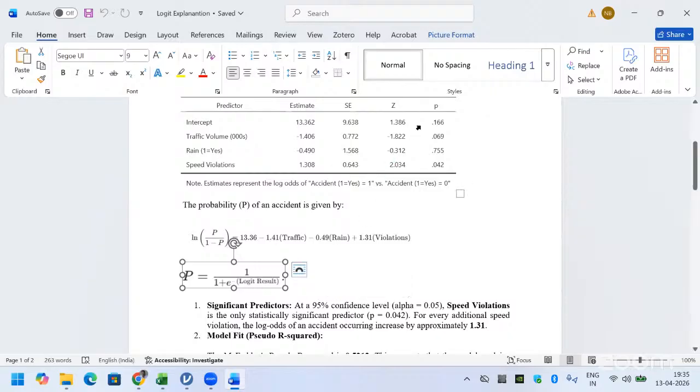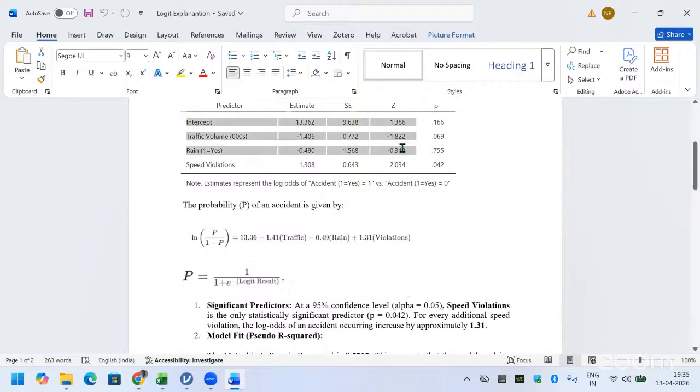Okay. And if I see these p values here, I hope you can see this one. For intercept, the p value is 0.166. For traffic volume, my p value is 0.069. For my rain, the predicted value, the p value is 0.755, and speed violations is 0.042.